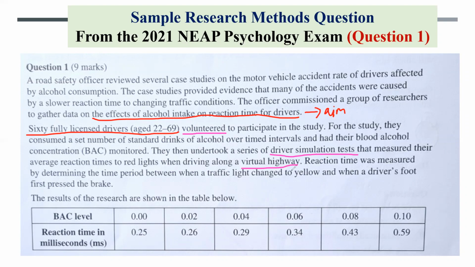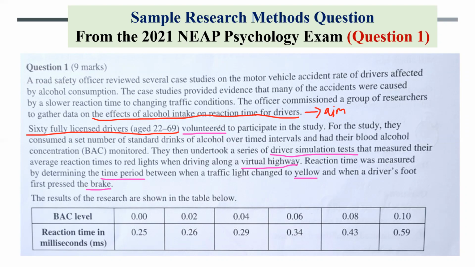Reaction time was measured by determining the time period, or basically how long it took between when a traffic light changed to yellow and when a driver's foot first pressed the brake. So that's looking at the reaction time, that number of seconds, number of milliseconds that it takes for you to see that the light is changing to yellow and to put your foot on the brake so the car can slow down to a stop. Okay, so that's the basic idea.